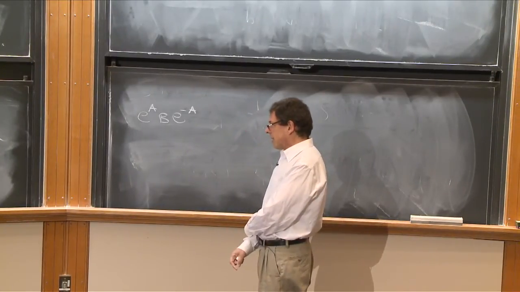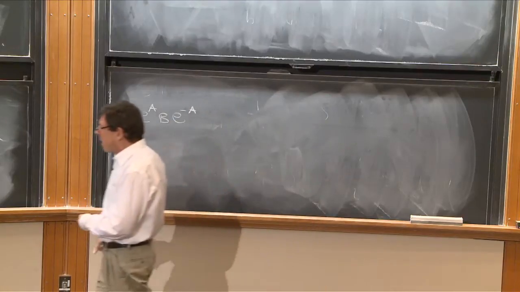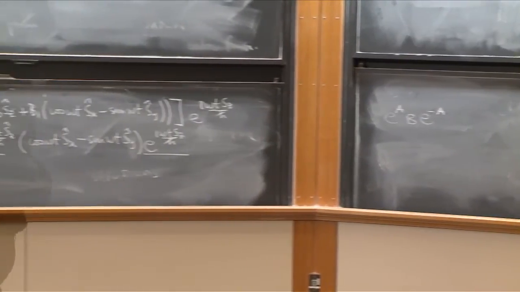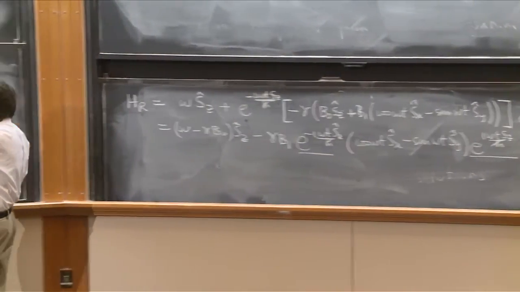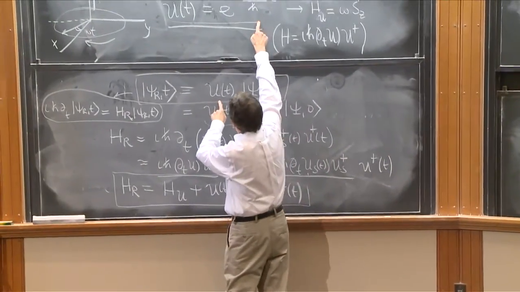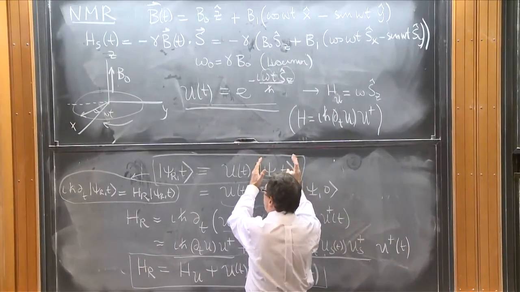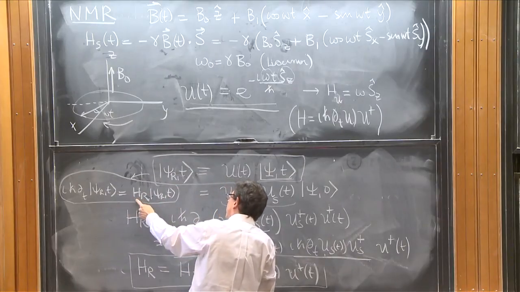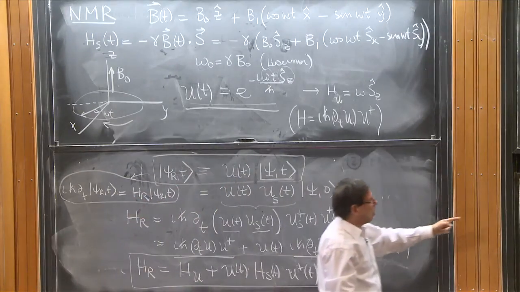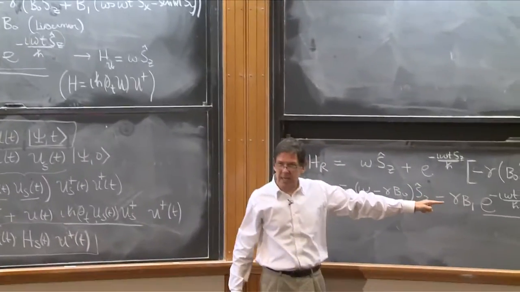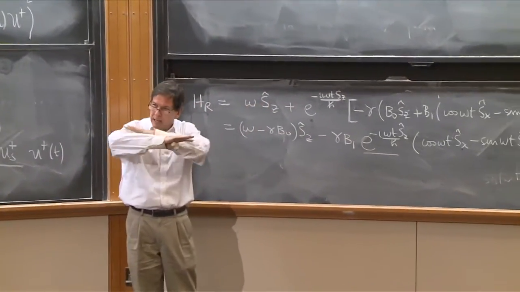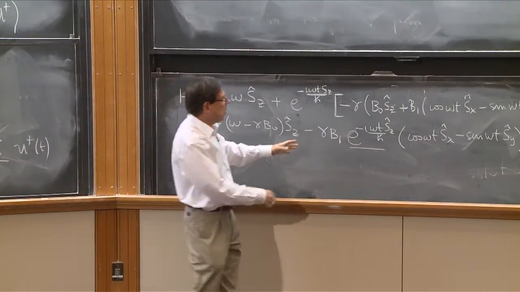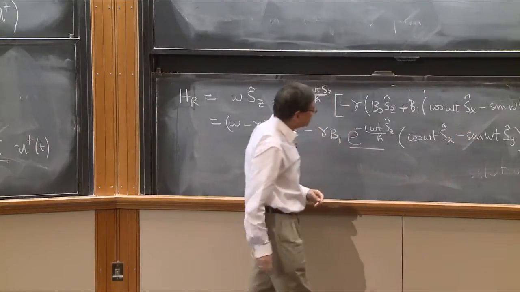When one looks at this, one could say, well, here is my problem. H_R, you know, I know U(t). I fixed it. So knowing psi is knowing psi_R. But to know psi_R, I need to know H_R. And H_R still looks very complicated unless somehow this whole idea has worked out very well and this simplifies.